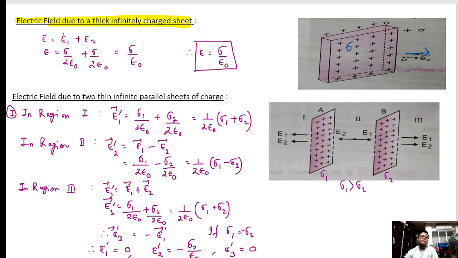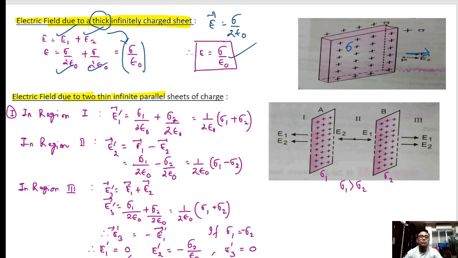So total electric field due to two thin sheets will be this. Please remember, this is for the thick sheet. And this is the electric field due to a thin sheet. Please remember this.